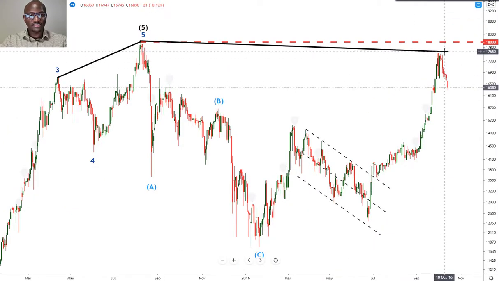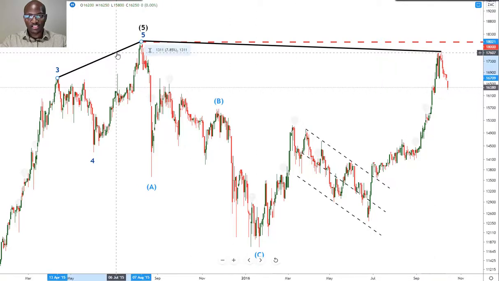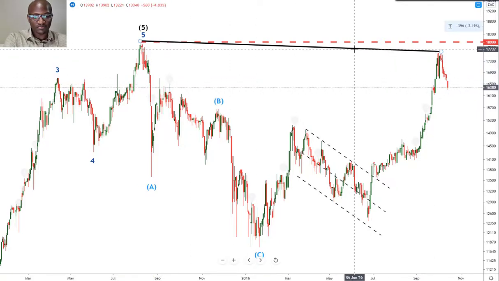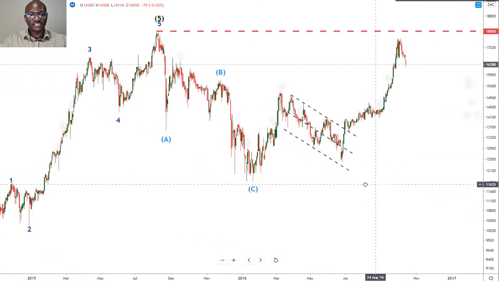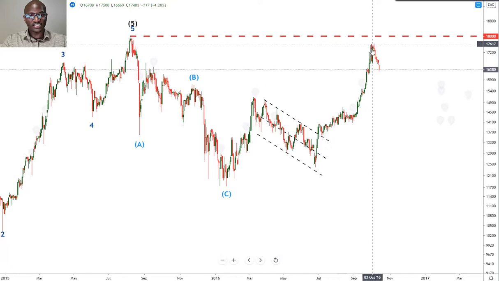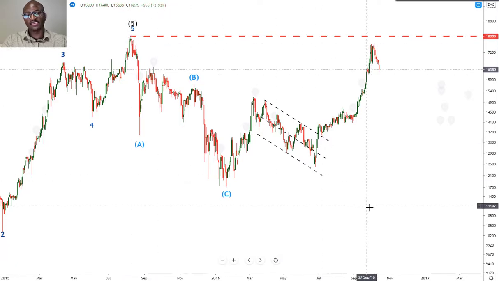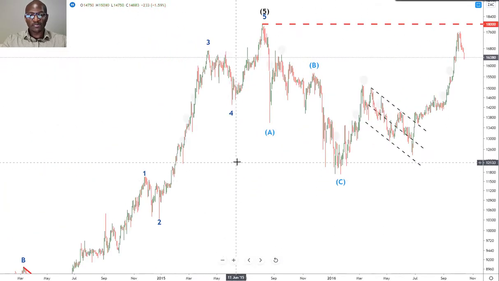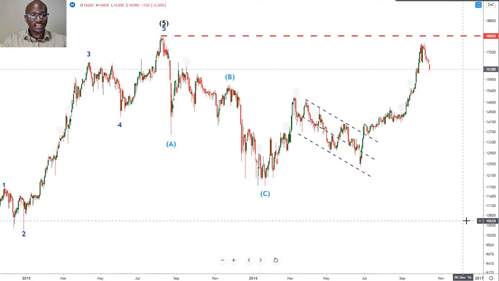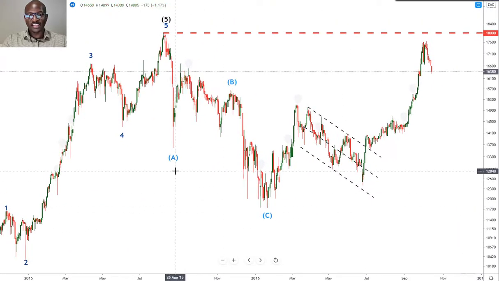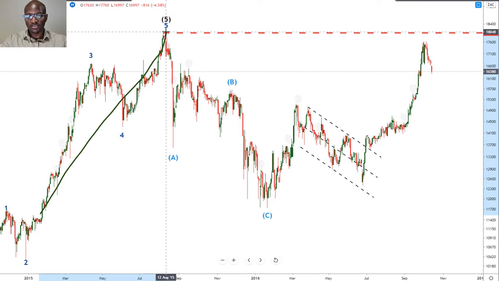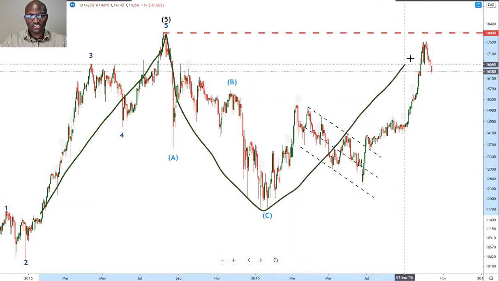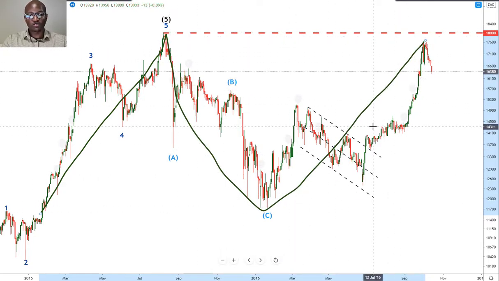Now, if this is the top and the top is in place, from a technical perspective, we can see that this market fell just short of the previous high. And anyone with a basic understanding of technical analysis will already see that what we have here is what many would refer to as a double top formation, which is not yet confirmed.